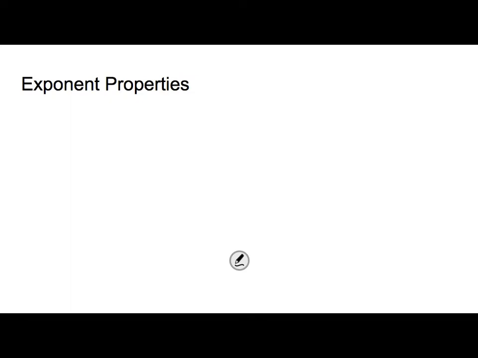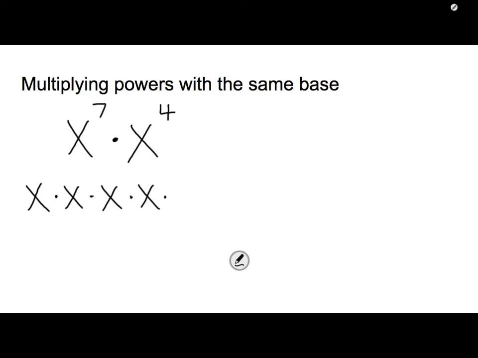And we're going to learn a few little tricks when dealing with exponents that maybe have a variable as a base. So, multiplying powers with the same base. Let's say I have something like x to the 7th power times x to the 4th. Well, if I wanted to do this the long way, I could write out x times itself 7 times, and then multiply it by x by itself 4 times.